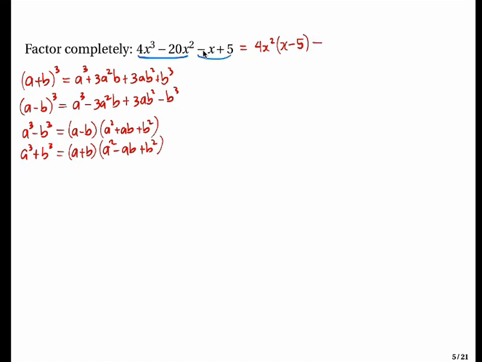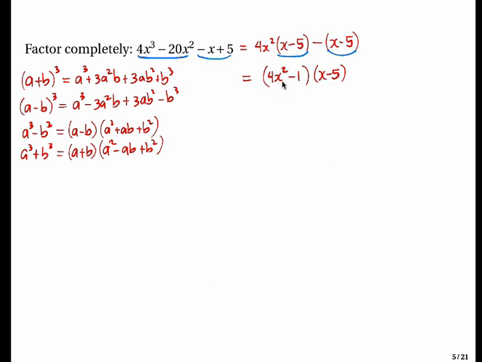So we factor out that negative, and what remains inside will be x minus 5. Now we clearly see that x minus 5 here is a common factor. And therefore, if we factor out x minus 5, then we will have 4x squared minus 1 times that x minus 5.